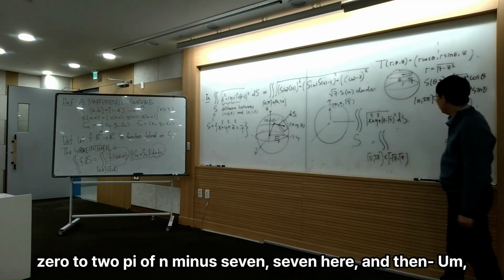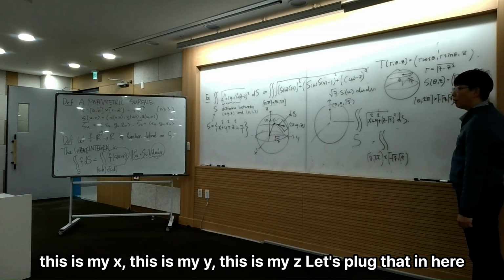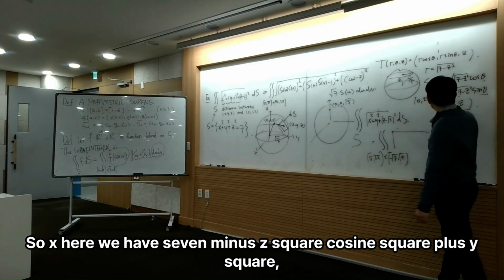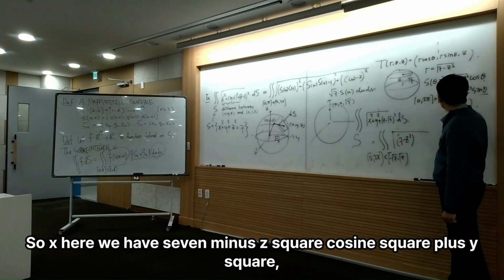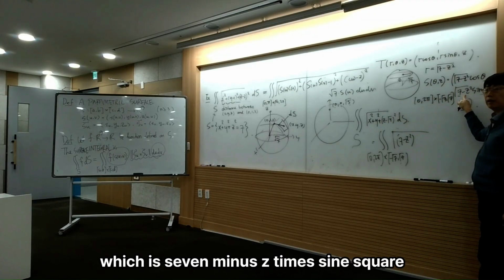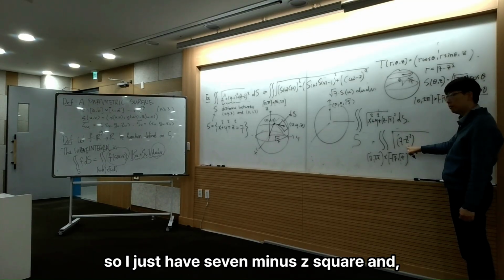This is my x, this is my y, this is my z. Let's plug that in here. So x squared is 7 minus z squared times cosine squared, plus y squared, which is 7 minus z squared times sine squared. Cosine squared plus sine squared becomes 1, so I just have 7 minus z squared.